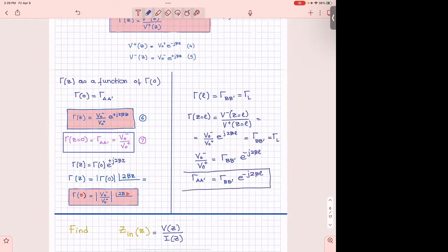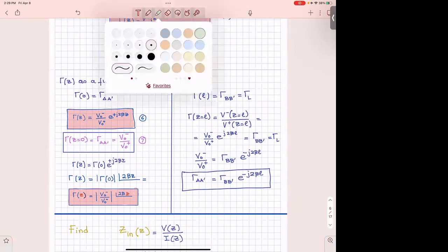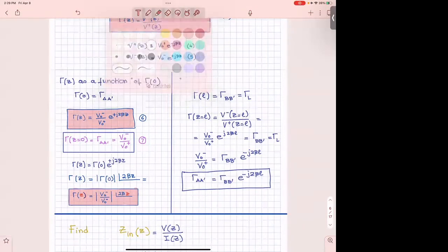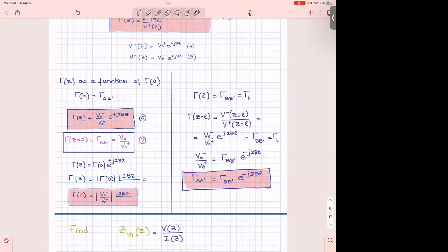That's a very important relationship, because if you have that relationship in mind, you can quickly go from the reflection coefficient at the load to the reflection coefficient at the source. And that is important to have in mind, okay? L is the length of the line. Or you can rewrite that underneath it as gamma BB prime, which is the load.